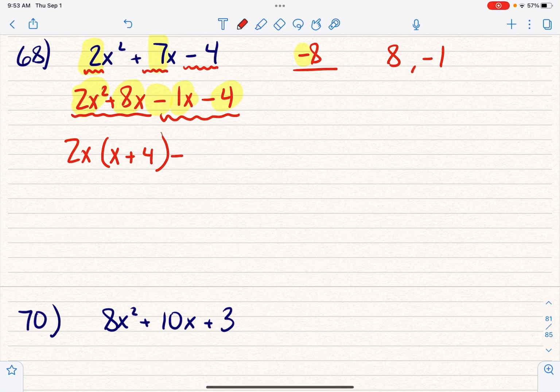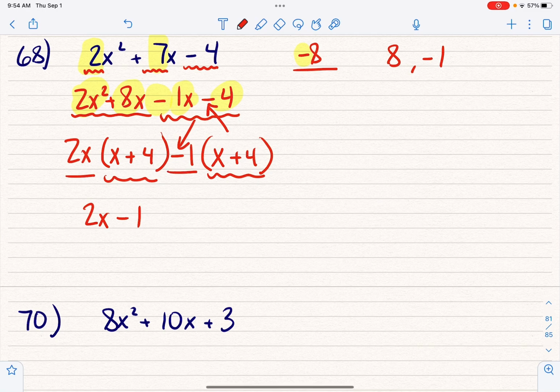I'm going to take a negative 1 out, which leaves me with x plus 4. See, that changes the sign right here because I factored out a negative. And now these two things match. So I have 2x minus 1 times my x plus 4. All right? Hopefully that made sense.